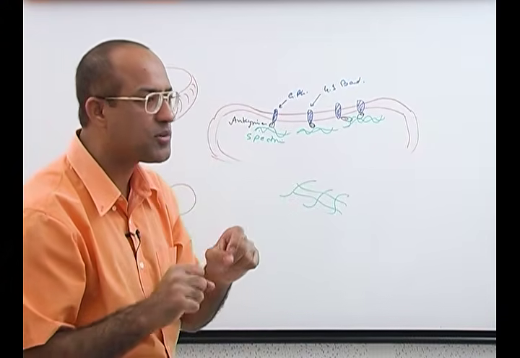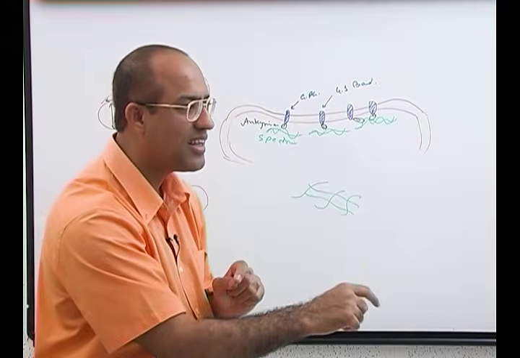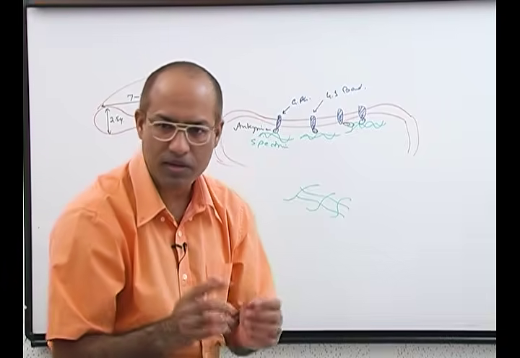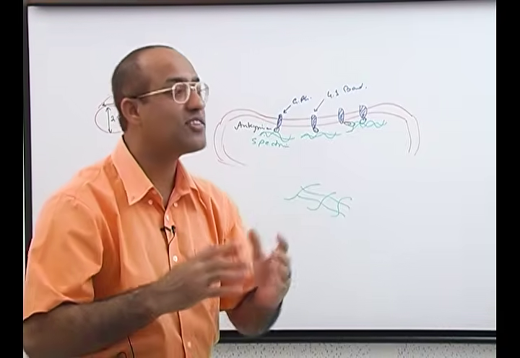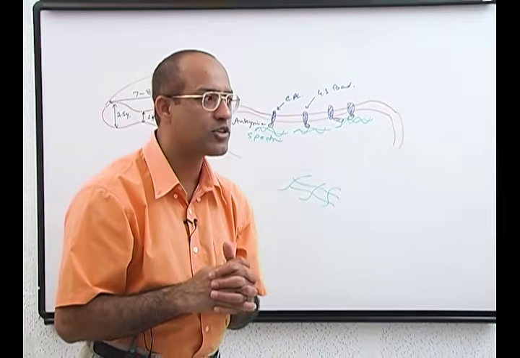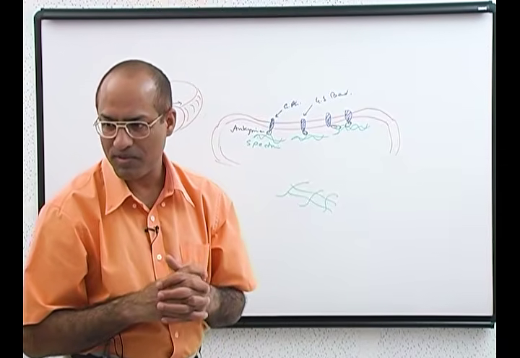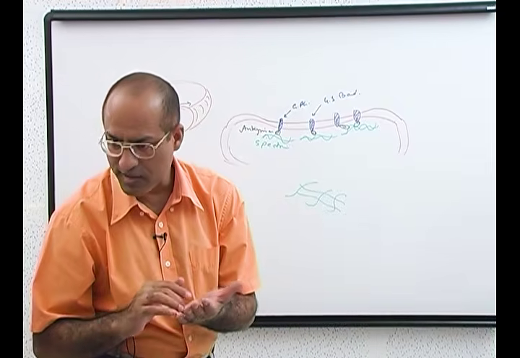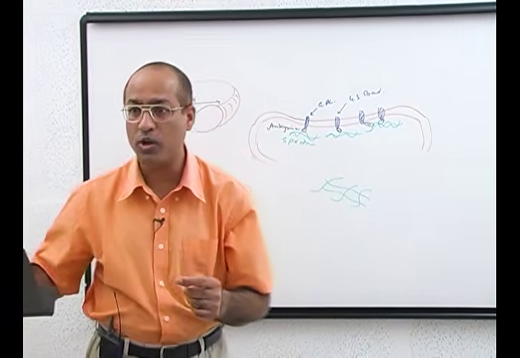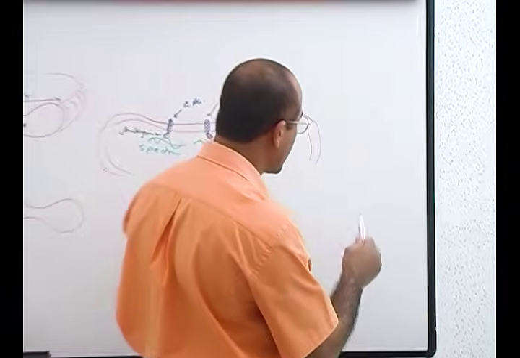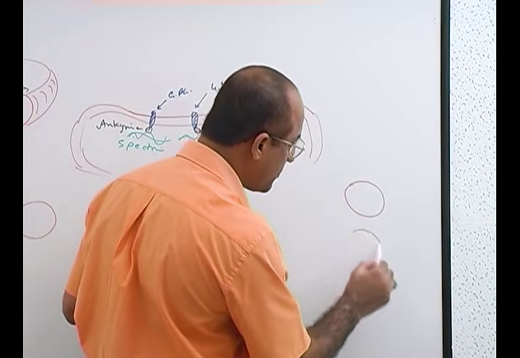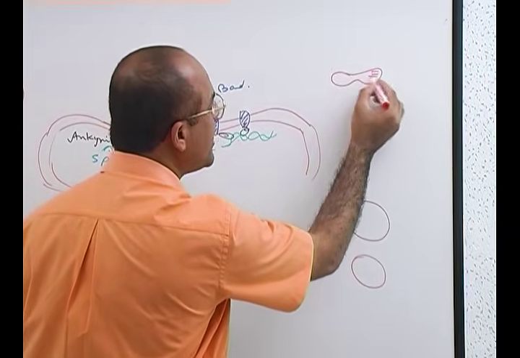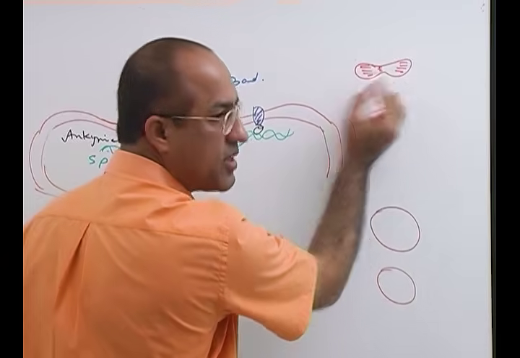No. So this RBC will lose its membrane here and there, and eventually these RBCs will become spherical, and the disease will be called hereditary spherocytosis. Because when you take a blood sample, you find RBCs are spherical, not biconcave. Let me tell you how you decide on the slide whether an RBC is biconcave or spherical. Look, in a biconcave RBC, there is more hemoglobin on the edge and less hemoglobin in the center.